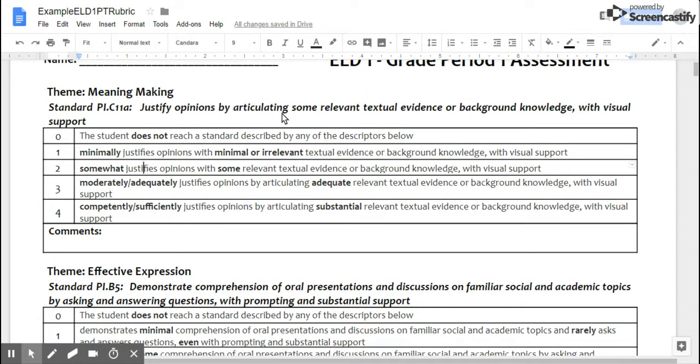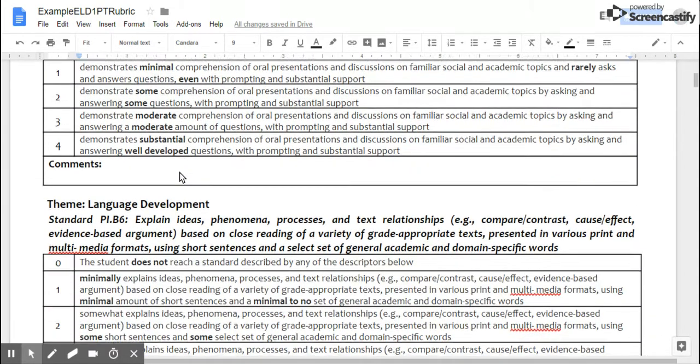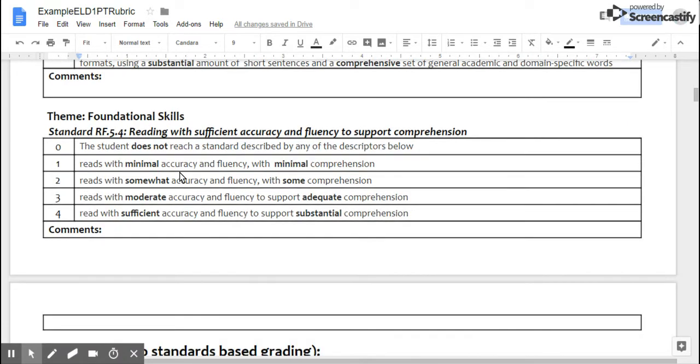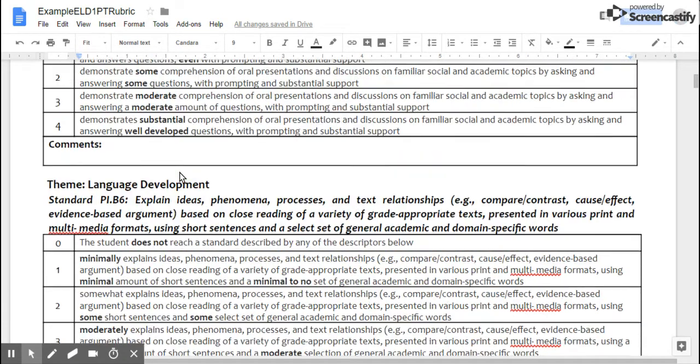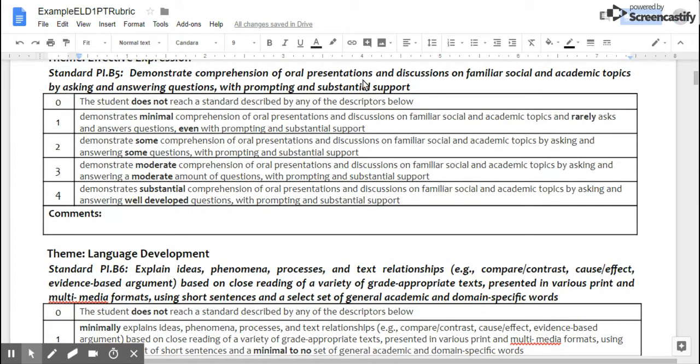Did they justify opinions by articulating some relevant textual evidence or background knowledge with visual support? It's the same thing with effective expression, language development, and foundational skills. So whatever assessment I decide to give these students, this one happens to be comprehension of oral presentations and discussions with answering questions.